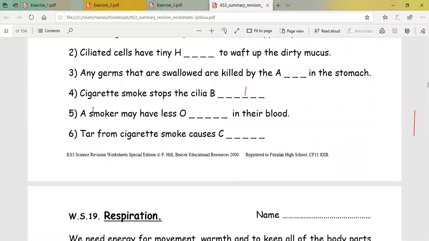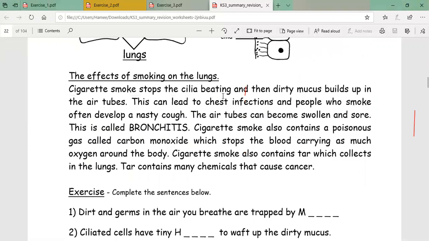Let's move on to the next one. A smoker may have less oxygen in the blood. Tar from cigarette smoke causes cancer. Cigarette smoke stops the cilia. I don't actually know what the letter means here. Bronchitis, no. The air tubes become swollen.